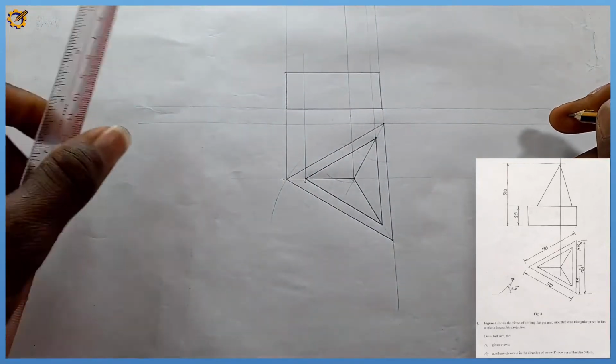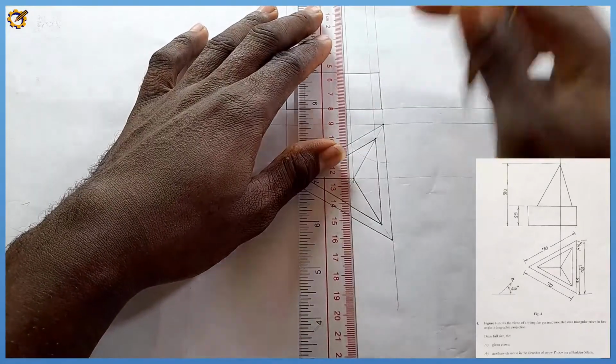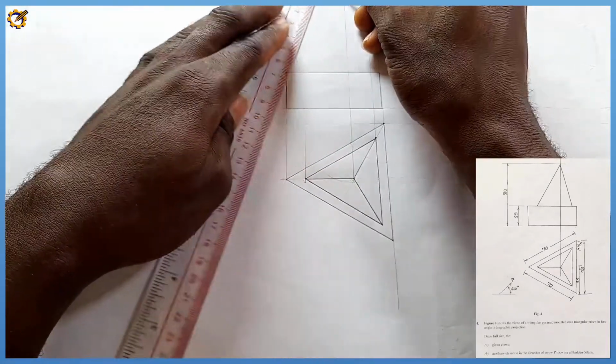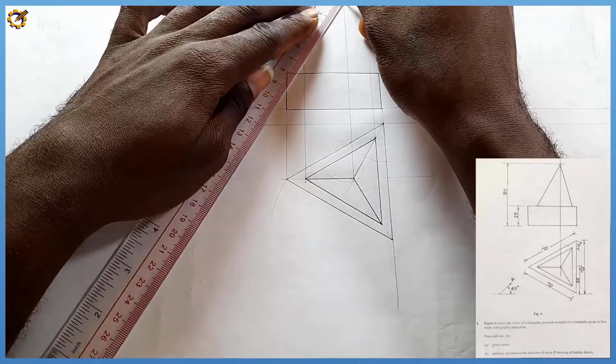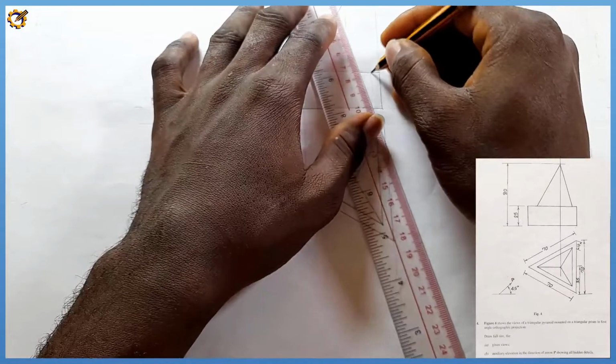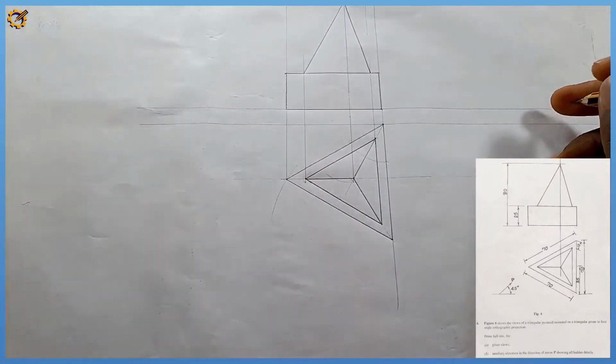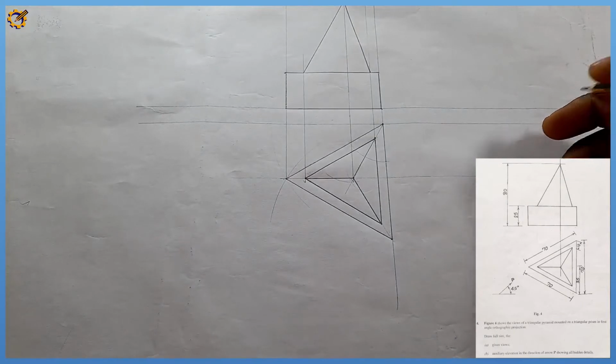All right, so we are told that the height from the base is 80. So a height of 80 from the base, which is this right here. From this height here, I'm going to join it to this junction here like this, and from here to here like this. Okay, so we have the front elevation and we have the plan.